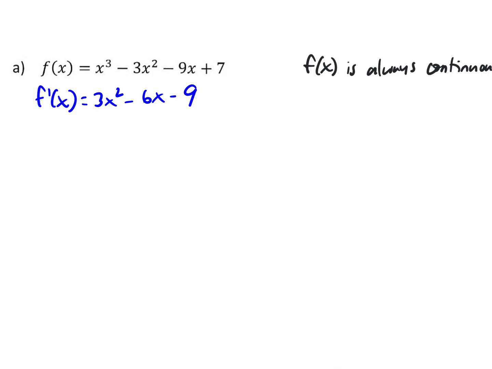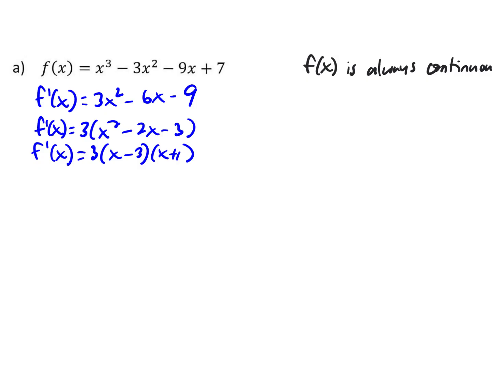Okay, so I'm going to pull the 3 out. That'll make this easier. And then it's just a matter of setting that equal to 0. I'm going to factor this out and then set it equal to 0. Actually, I didn't technically ever set it equal to 0, but it's fine. So the factors of -3 that add up to -2 are -3 and 1.